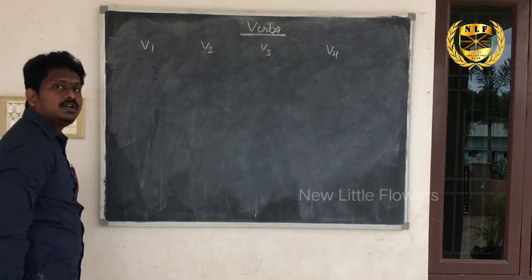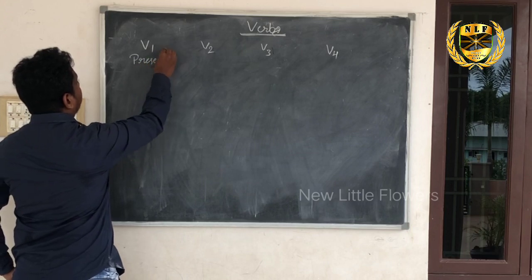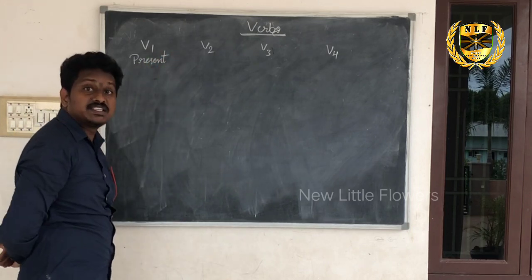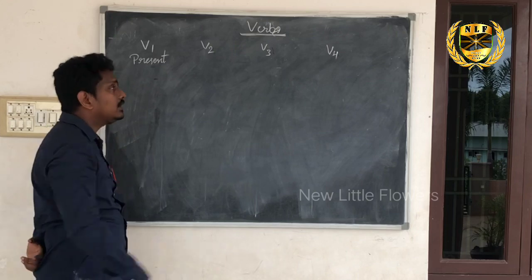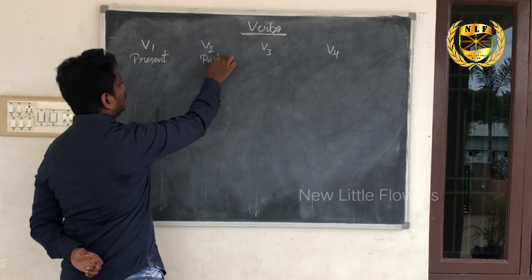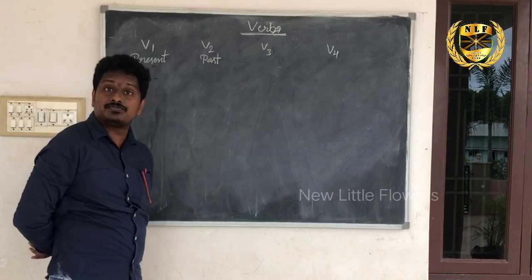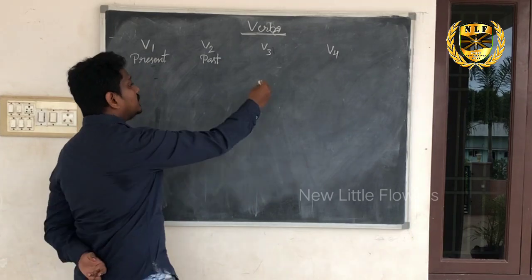What is another name for V1? Present form of verb is called V1. What is another name for V2? Past or past form of verb. V3?